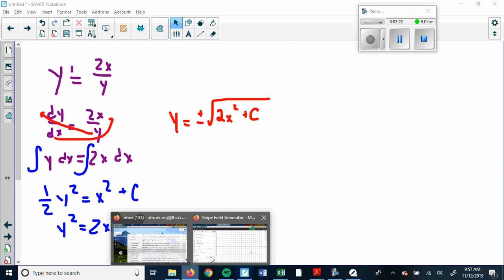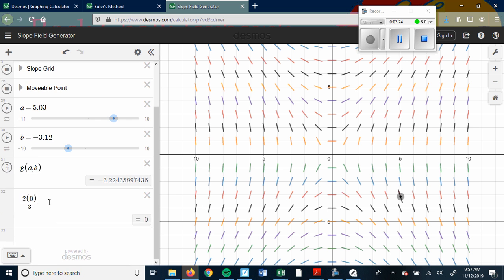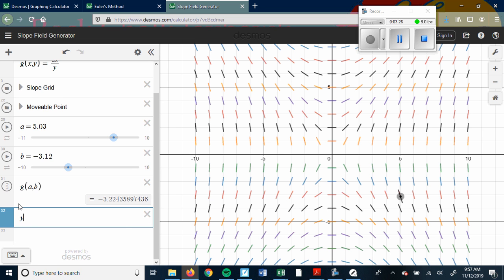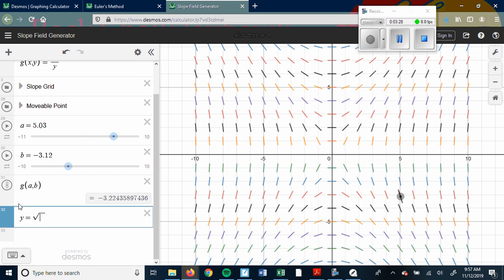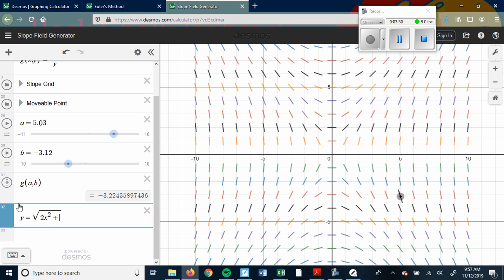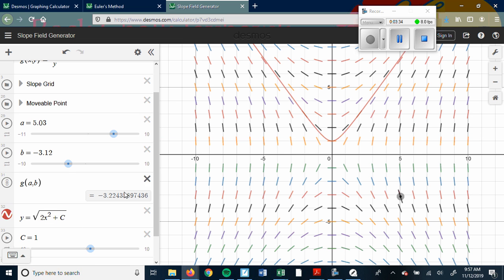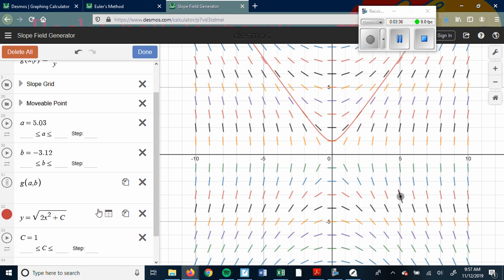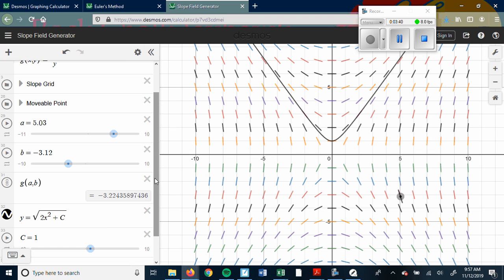So let's go back to Desmos and look at our slope field here. I'm going to put 2x squared plus that constant inside here, and I'm going to add that constant there. Right now it's equal to 1. And so that is the graph when c is 1.